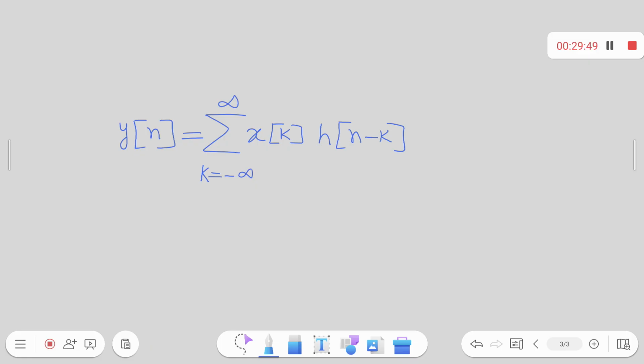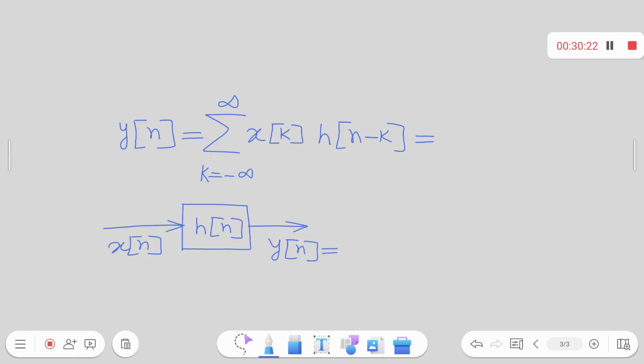Okay, and that particular operation involves basically four different operations. Basically I can also write this as: this particular system h of n, characterized by this impulse response h of n, is excited by a signal x of n, and it produces an output y of n.